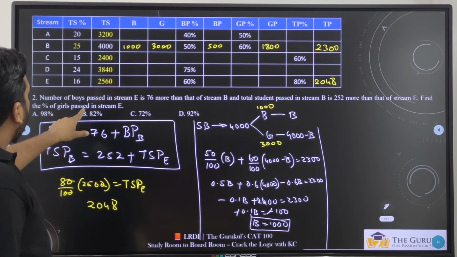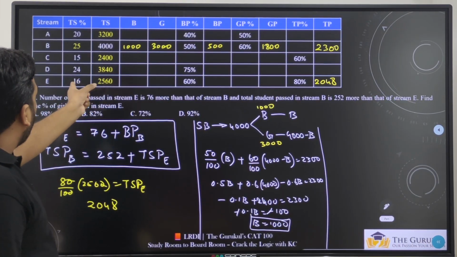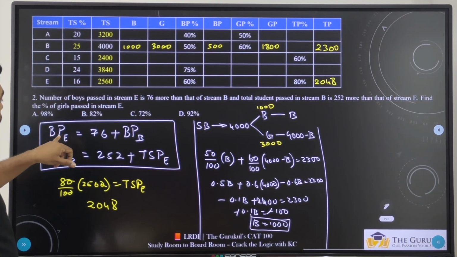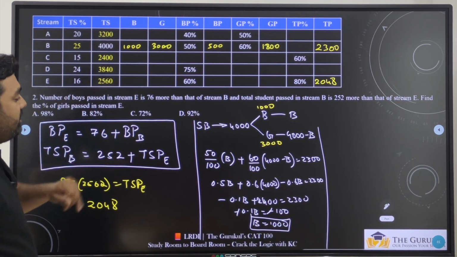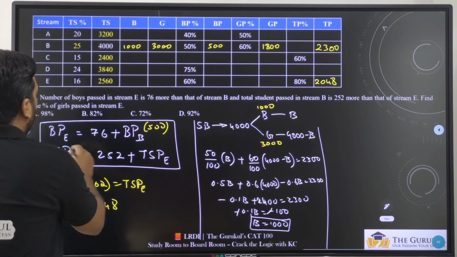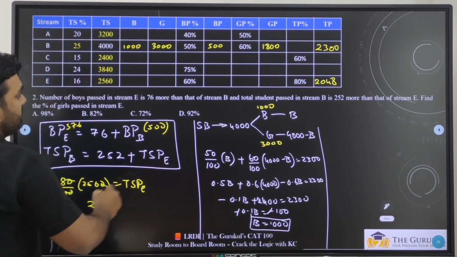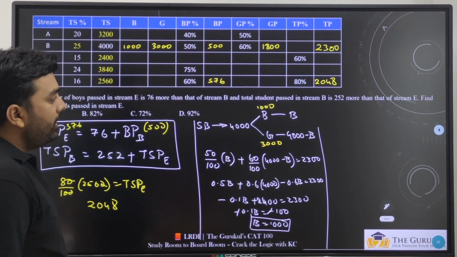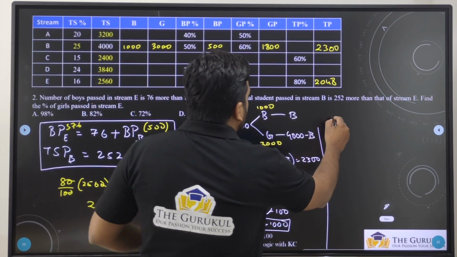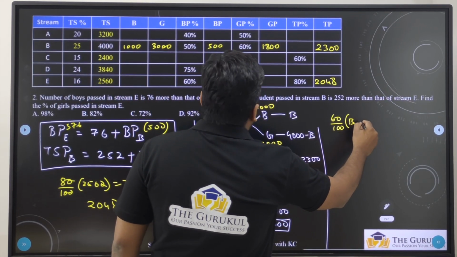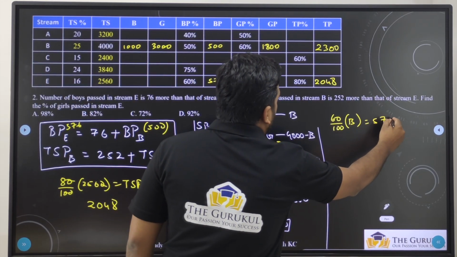Okay. Next, what is happening? Find the percentage of girls passed in the stream. So I need to come down to stream E. Now, if you observe here, boys passed in E equal 76 more than boys passed in B. Boys passed in B are 500. So this will be 576. Now, can I say 60% of the boys is equal to 576?